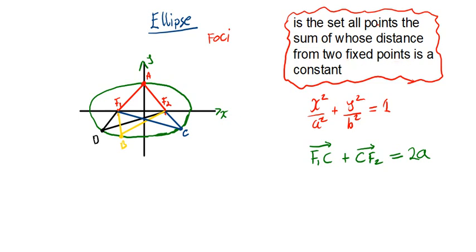So if you pick any point on the perimeter of the ellipse, on the edges of the ellipse itself, just like I picked A, then the distance F1 to A as well as A to F2 is equal to a constant, and that constant we indicate using 2a. So that constant is indicated using 2a. How the 2a comes about, let me show you.